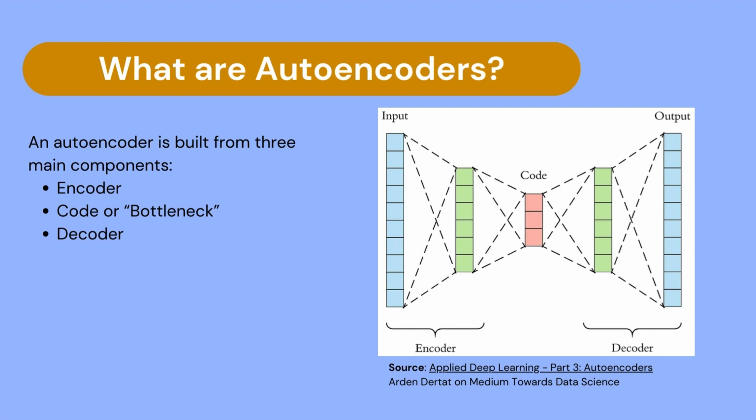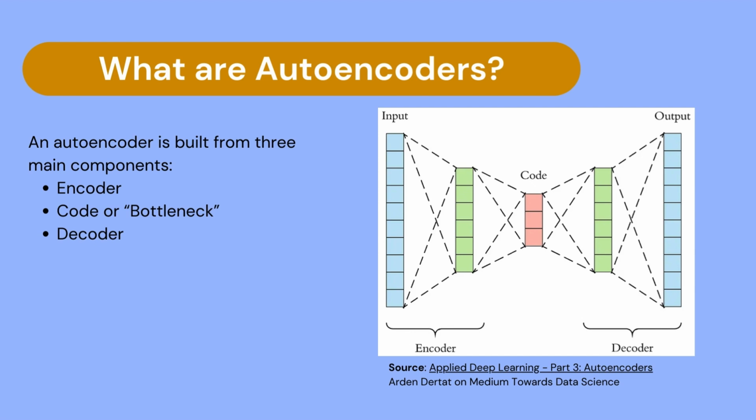The bottleneck or code will contain the most condensed and compressed representation of the input. It is both the output layer of the encoder network and the input layer of the decoder network. The fundamental goal of the design and training of the autoencoder is discovering the minimum number of important features or dimensions needed for effective reconstruction of the input data.